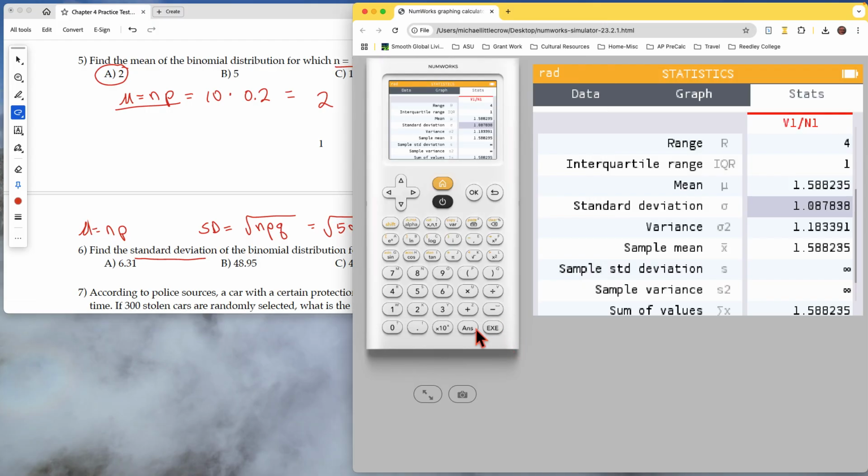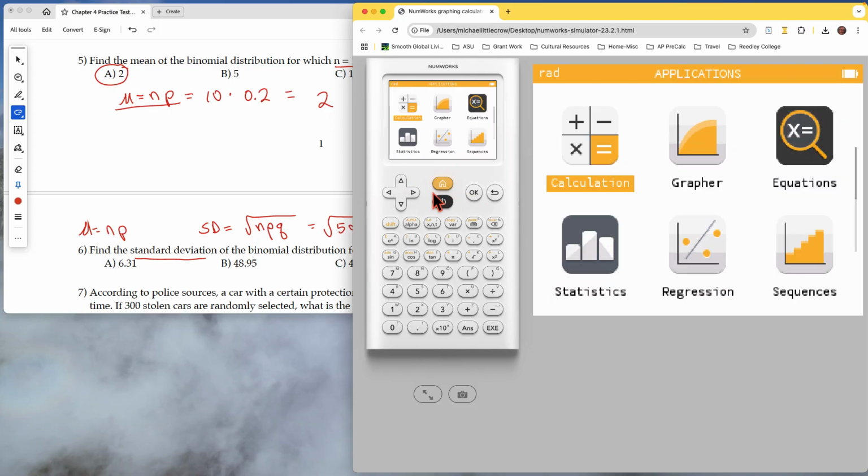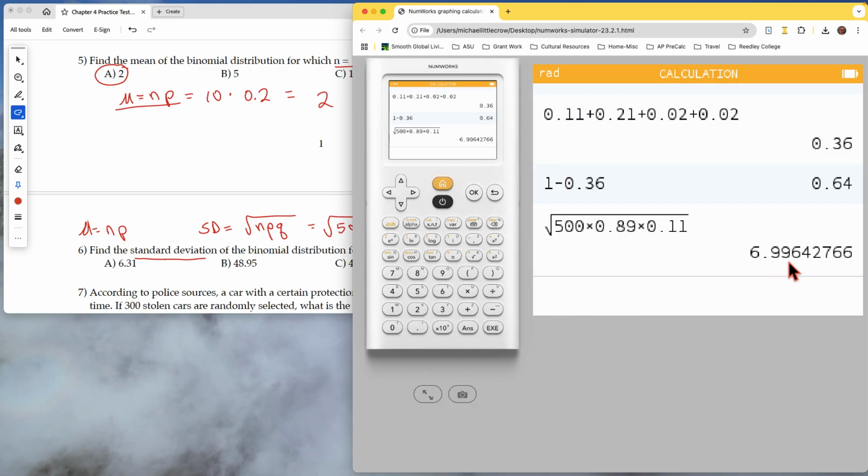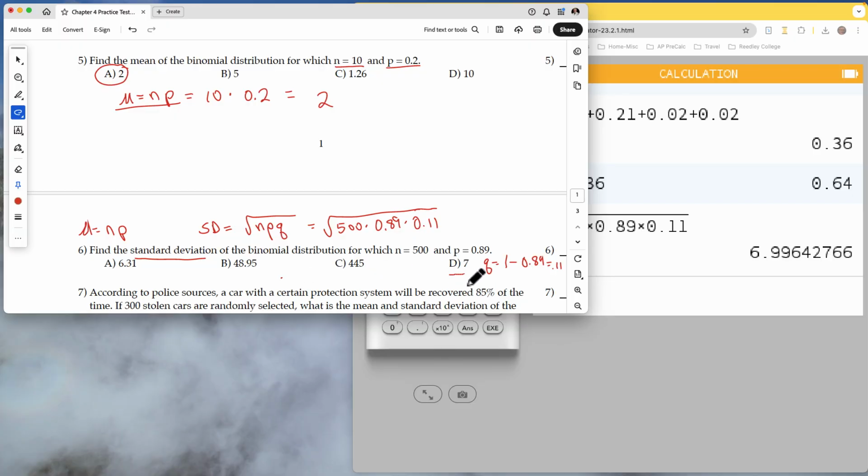And all we have to do is enter that into the calculator, into the calculation part. Square root 500 times 0.89 times 0.11. And we come up with 6.996, which would round to 7. There it is. Because they're only using 2 decimal places, and that's what we would get.